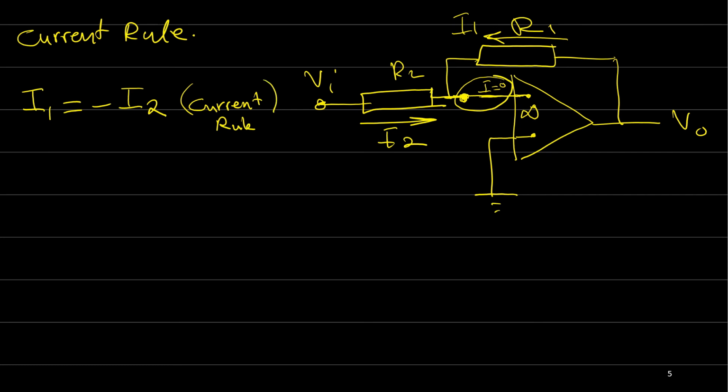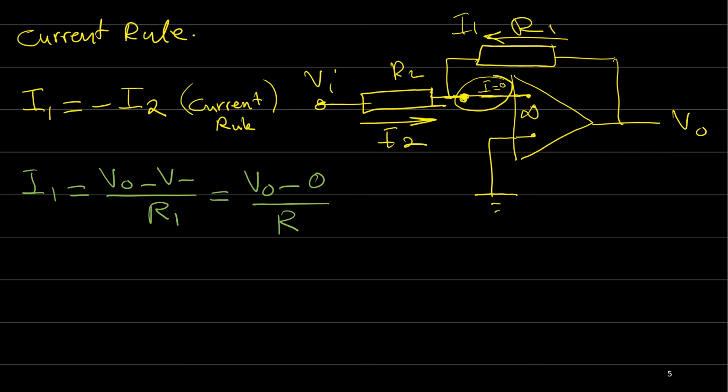Now, let's try to gather our information. We have I1 equals how much? V out minus V minus over R1. And this will be V out minus 0 over R1, so this will be V out over R1, the current through resistor R1. And the current I2 equals how much?